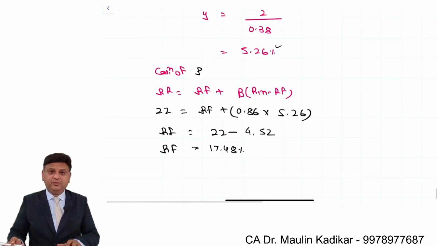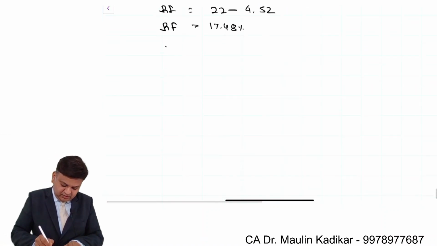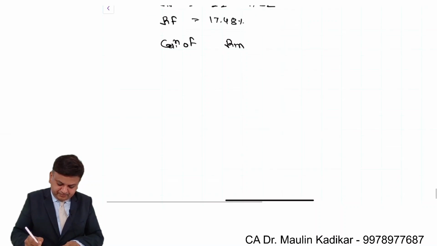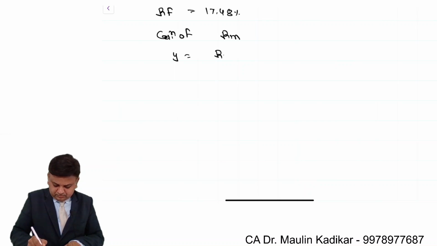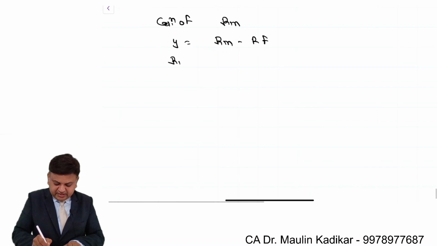Of course, once you compute RF, calculation of RM is not difficult. Calculation of RM. Y is equal to RM minus RF. So RM is equal to Y plus RF.